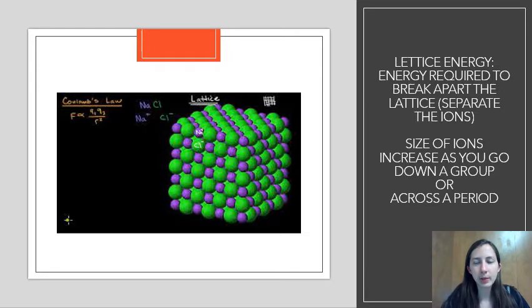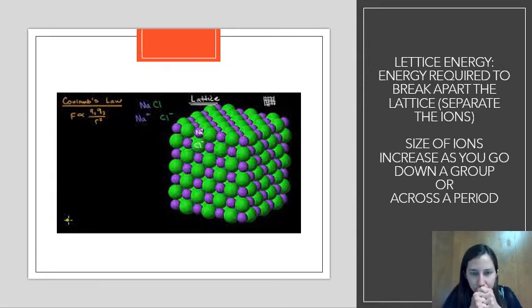So lattice energy is basically the energy required to break apart the lattice, which is the crystallized formation of molecules. They're just nicely and evenly stacked. The way this is thought about is how much they hold on to each other.